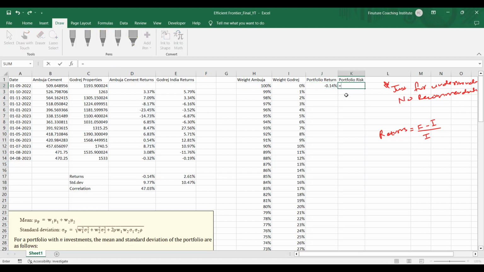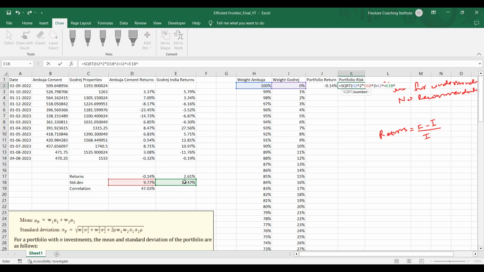Now a bit tricky formula, be careful. I'll just put first square root. Now I'm calculating standard deviation of portfolio. So square root of weight 1 square, that is 100% square, into standard deviation of Ambuja square, plus weight of Godrej square into standard deviation of Godrej square.